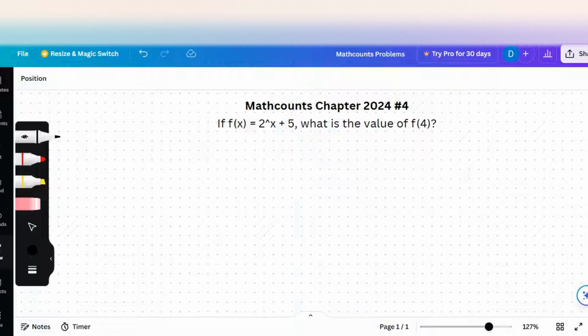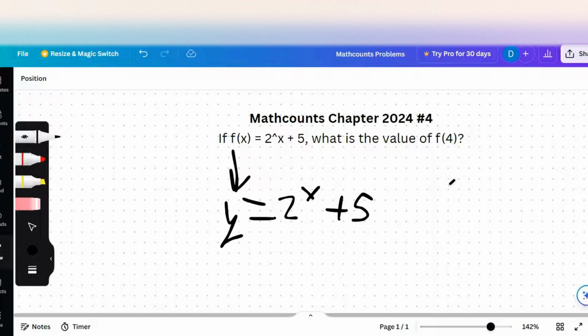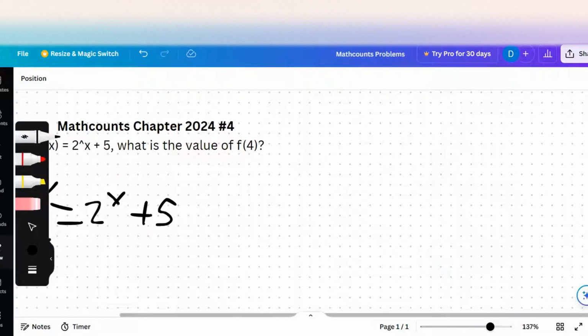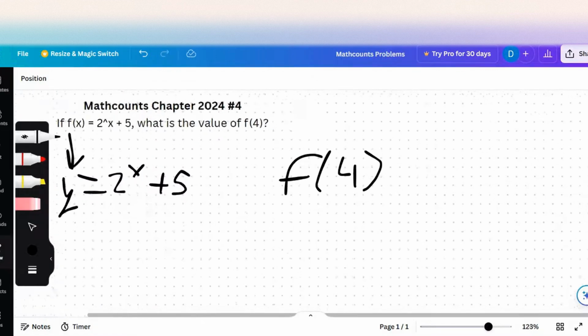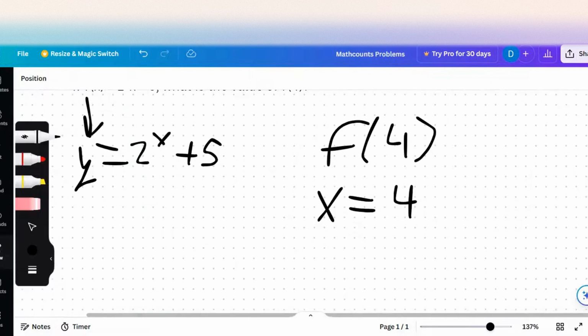So this is a simple input-output equation. So think of f of x as y is equal to 2 to the power of x plus 5. It's your basic equation. So think of f of 4 as having an input, and that's basically saying x is equal to 4.